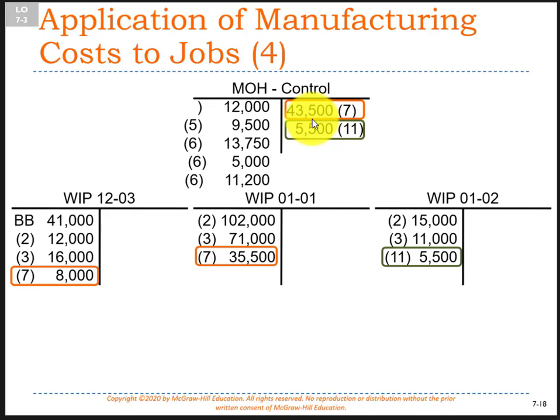You cannot have a totally dropped cost until you have dealt with all of those three things. And so we've allocated that. 43,000 goes here, and the 5,500 goes there in work in process 0102.